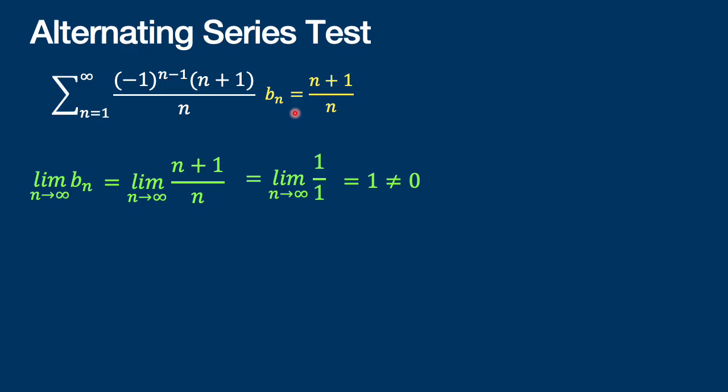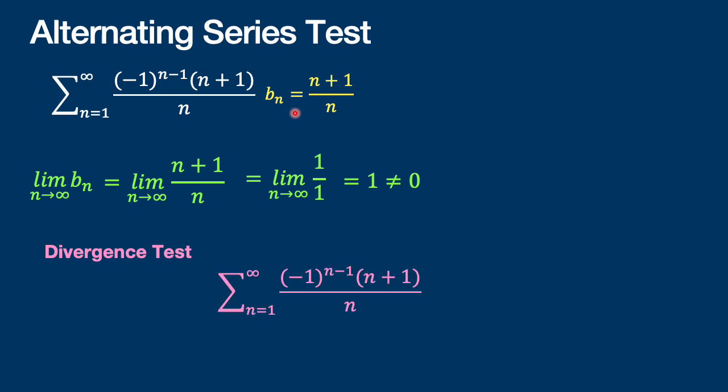This is not 0, so by the divergence test, the alternating series is going to diverge. The divergence test says if the limit of Bn is not 0, then that series is going to diverge. Even though this is an alternating series, we don't have to apply the alternating series test. If this general term is not going to 0, then that series is divergent.